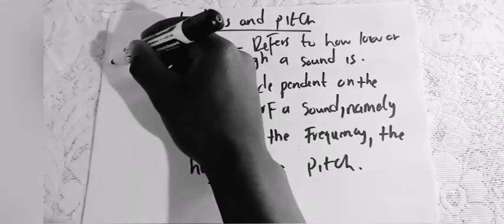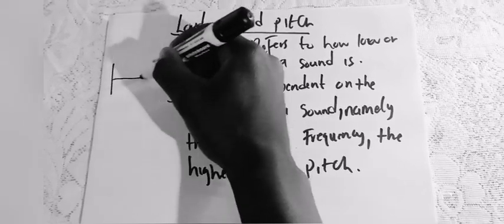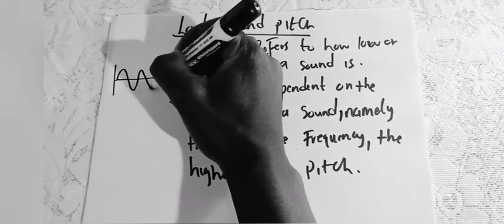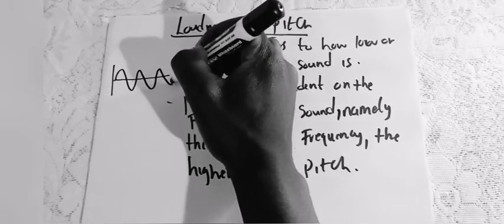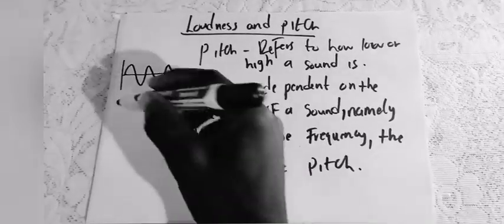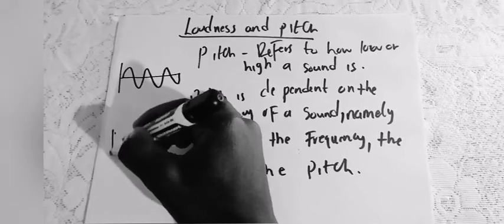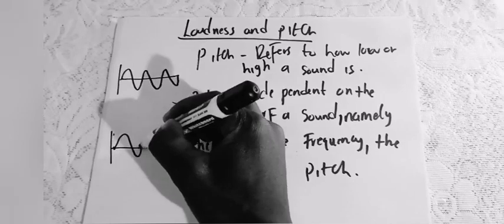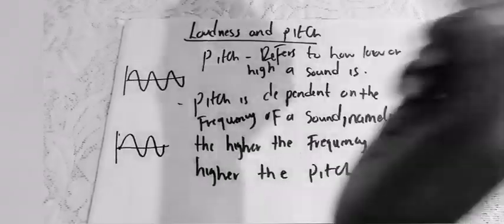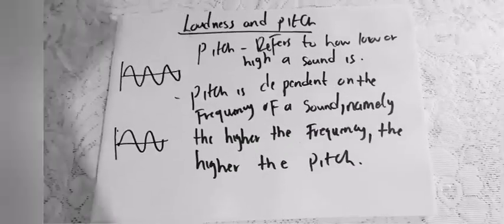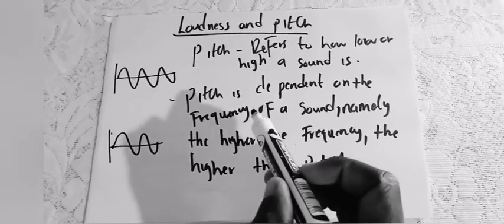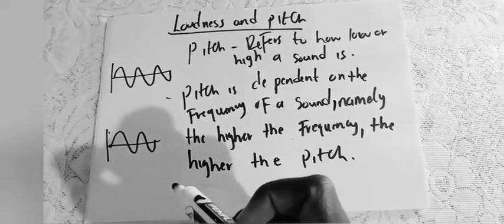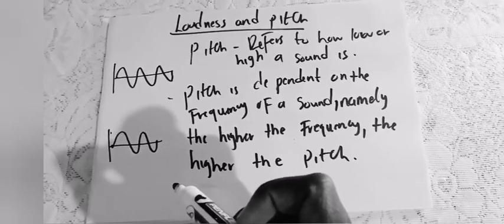Now, I want to explain the issue of the frequency here during the transverse wave, because I told you that when we talk about frequency, we are talking about the number of waves. Let me just draw another one here to explain what I've just explained. Now we have the first transverse wave and the second transverse wave.